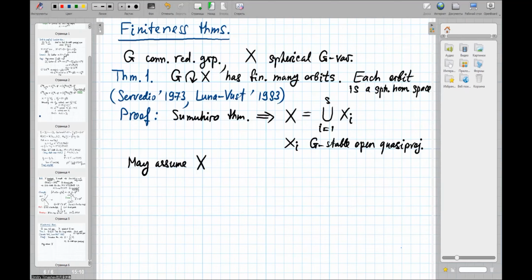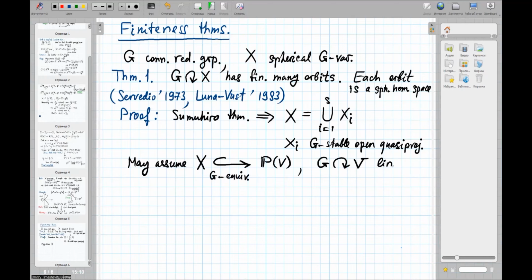So we may assume that X itself is quasi-projective. And since X is quasi-projective, by the remark on the previous page, it can be embedded G-equivariantly in the projectivization of a linear representation of G.